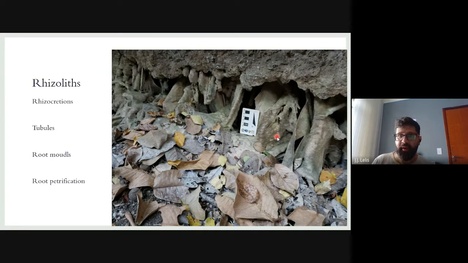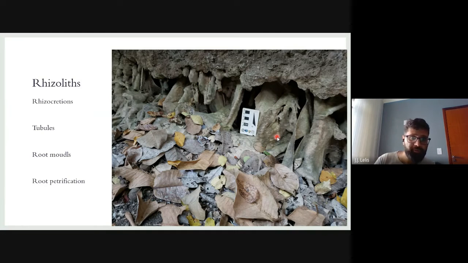Of course, when it migrates inside the voids, it can cover these roots and create these calcium-rich cemented features that preserve the shape of roots inside the soil, and now we can see these materials, okay? We can date these rhizoconcretions and know when they were formed. It's very good information for us.